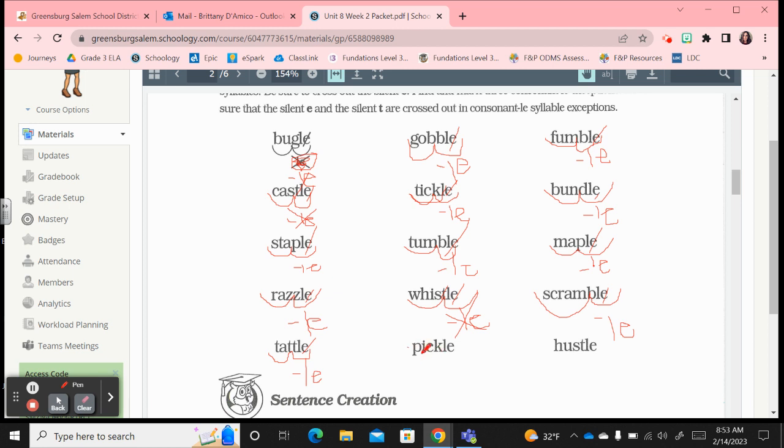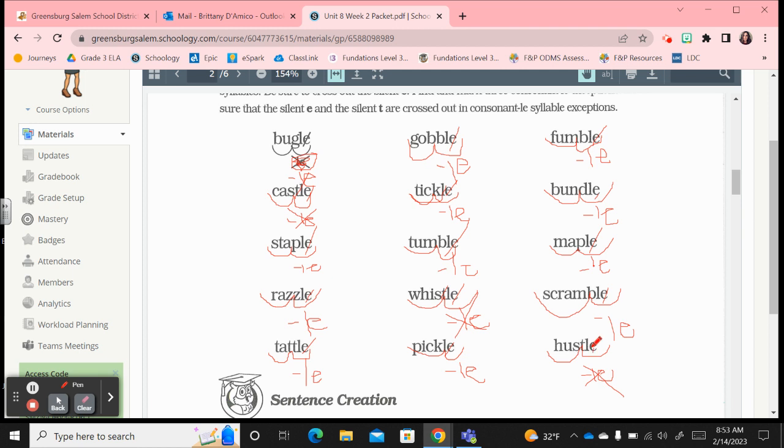So I'm going to keep the CK together since it's a digraph, but I do know that this is a consonant LE, and I'm crossing off the silent E. And then look, here's our third consonant LE exception. Hustle. Consonant LE exception, cross off both the silent T and the silent E.